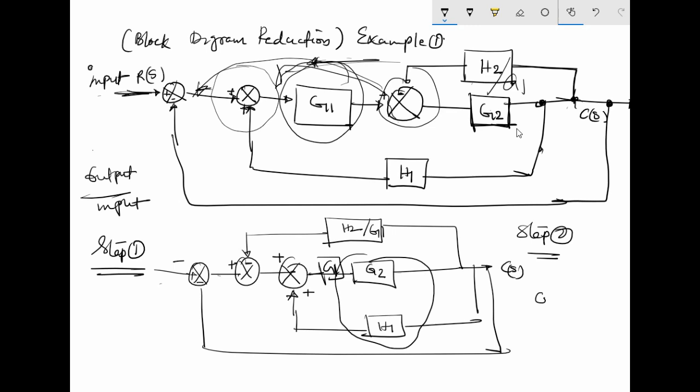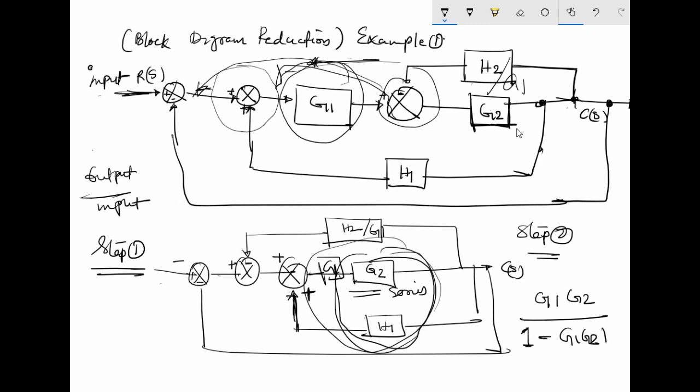So if you are solving this whole thing, both are in series, and you will have to solve this. So it will be G1 G2 divided by 1, this is positive here, so the sign is always negative on the other side. So this will become 1 minus G1 G2 and H1. So this is how you are reducing this block.